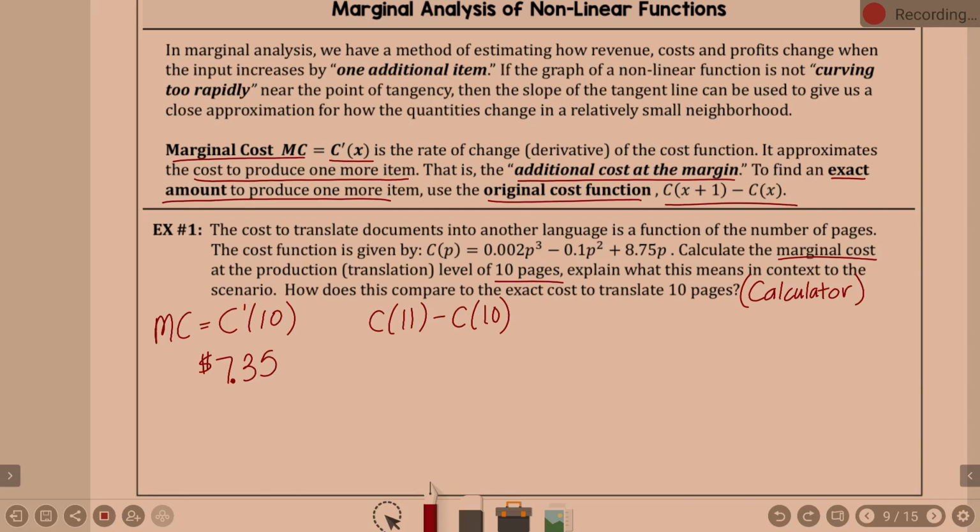Okay, C of 11, it's what? 86.81 minus C of 10, 79.5, and so you are at 7.31.